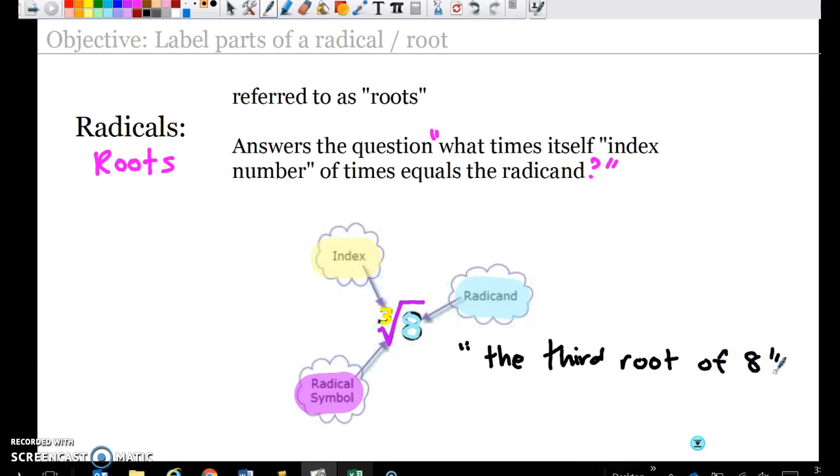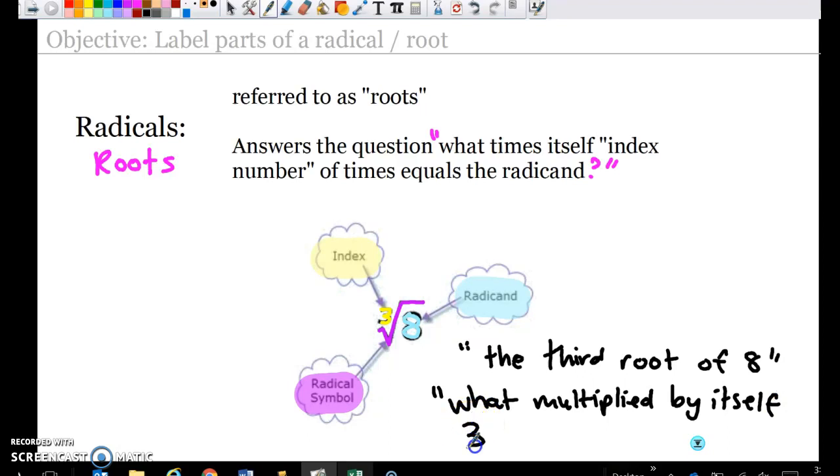And so basically I'm asking, in another way, what multiplied by itself 3 times? Now remember, 3 is the index. So what multiplied by itself 3 times equals 8?